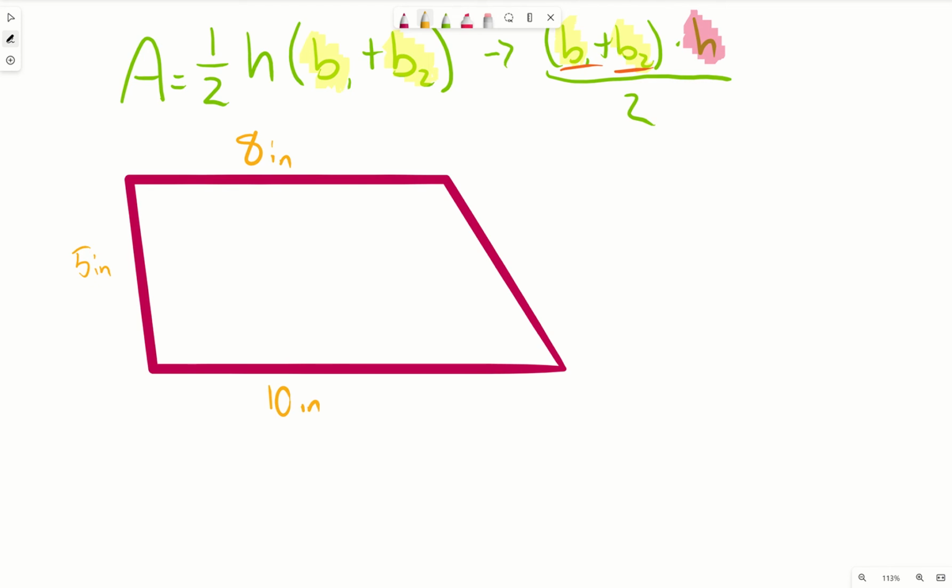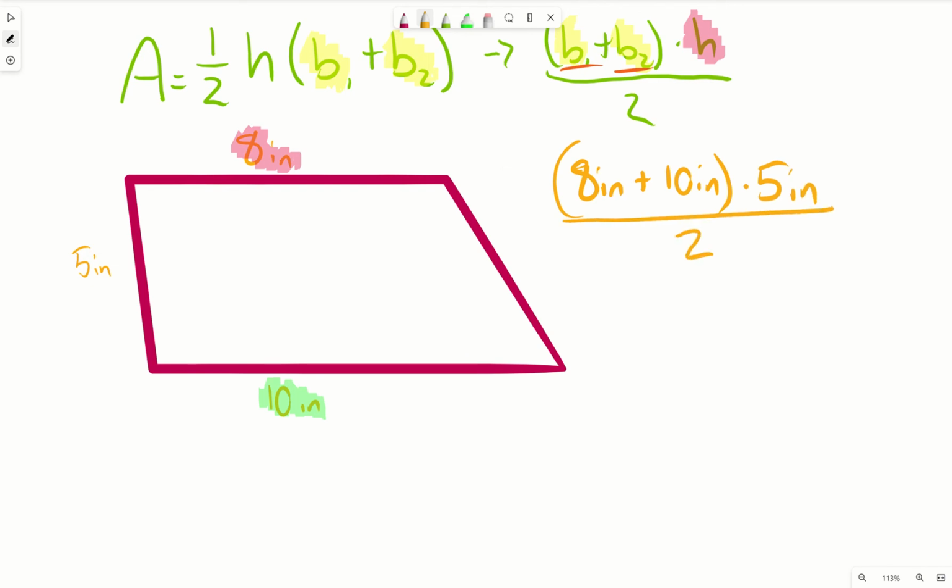What is base 1? Yeah, base 1 is either 8 inches or 10 inches. Let's say we're going to call base 1 8 inches. So what is base 2? Well, base 2 would then be 10 inches. So when I write this out, I'm going to say base 1, 8 inches plus 10 inches times the height. What is my height? Well, that is 5 inches, all divided by 2.